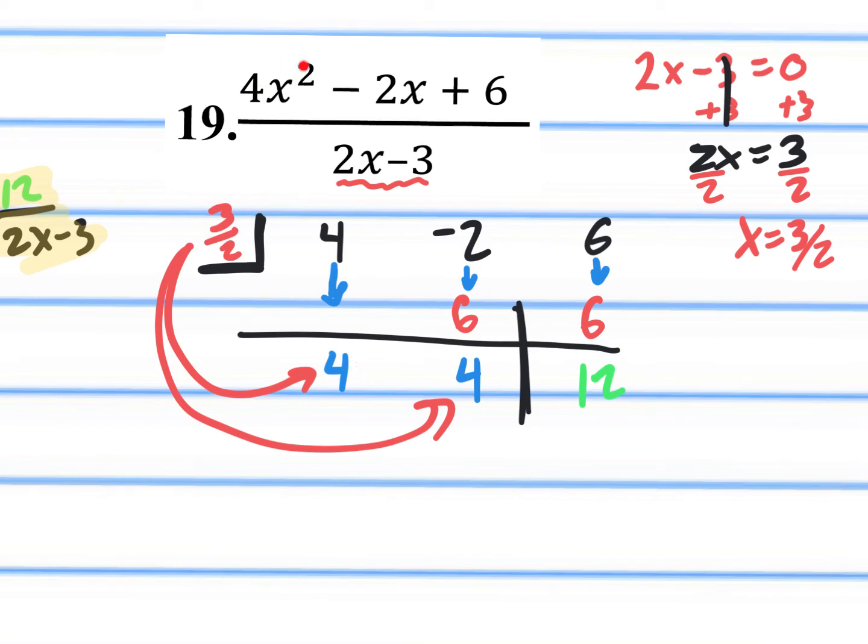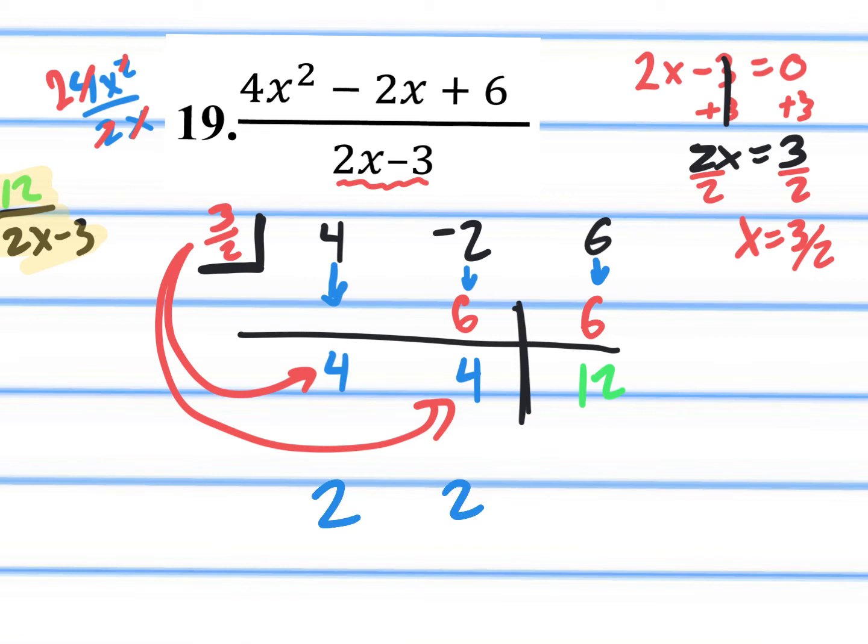So when I say 4x squared divided by 2x, and if you're confused, you could write it out right here. You could say 4x squared divided by 2x. Well, that becomes 2, cancel the x, that becomes 2x. So I know I need a 2x as my first term, and this is not a 2. So I need to divide both of these by 2. So when I divide both 4's by 2, the 2 goes there, the 2 goes there.